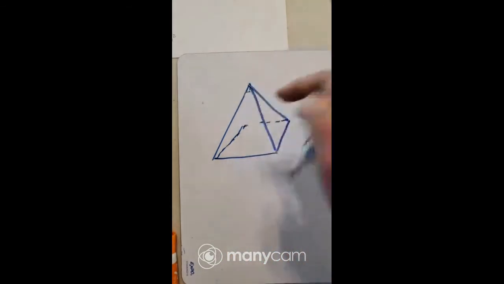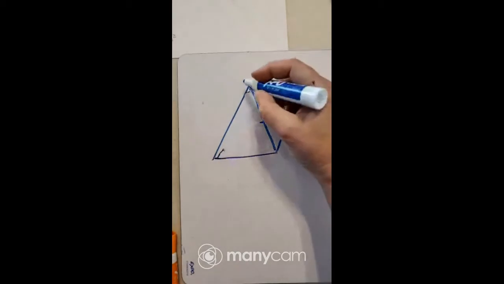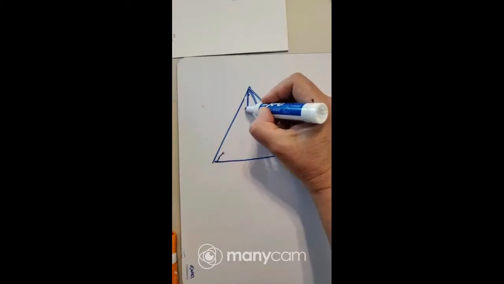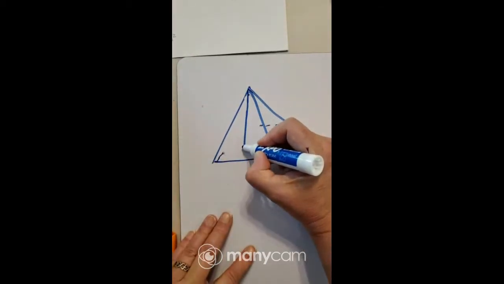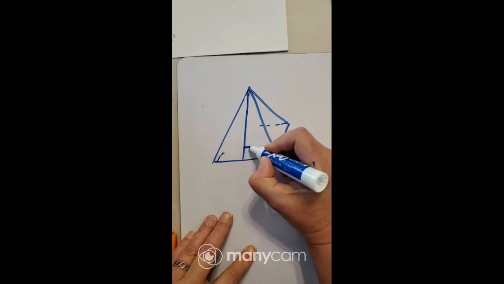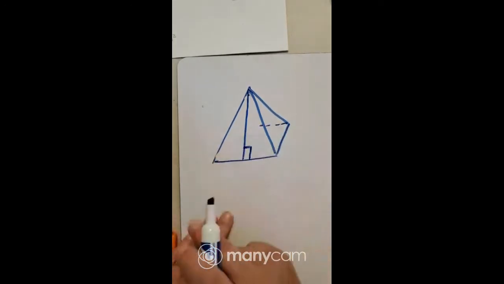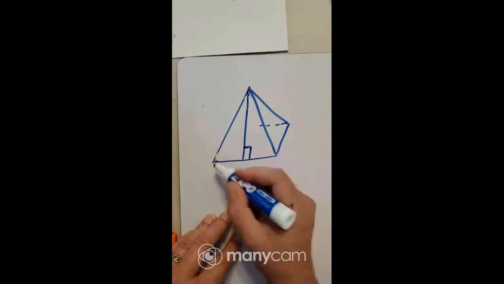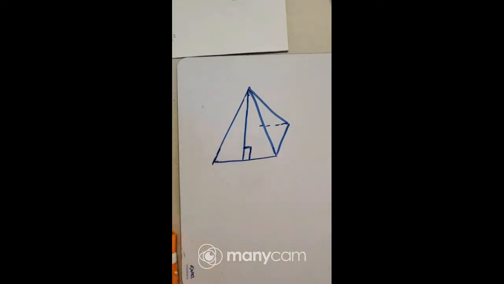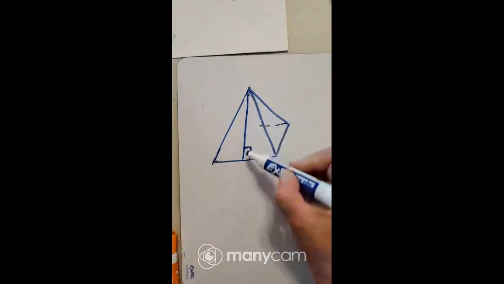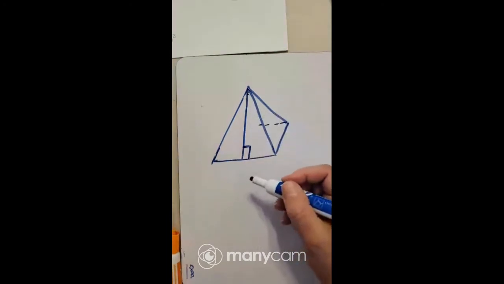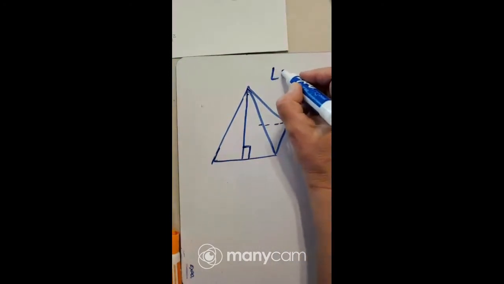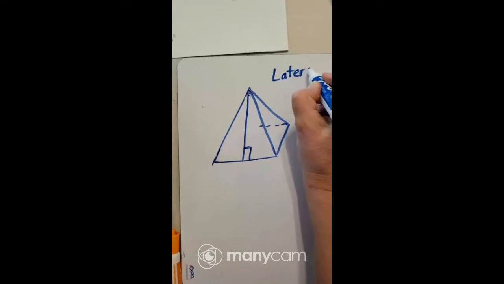When we are finding the surface area, we get a lateral height. There are ways to find this in deeper geometry using the Pythagorean theorem, all that. Right now, I'm giving you this lateral height, and I'm going to start calling it lateral height.